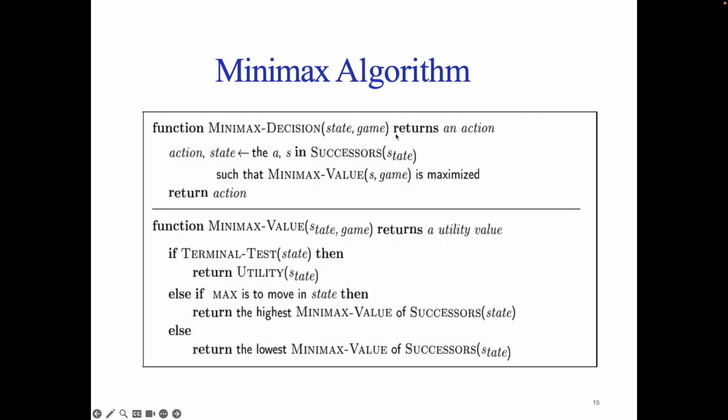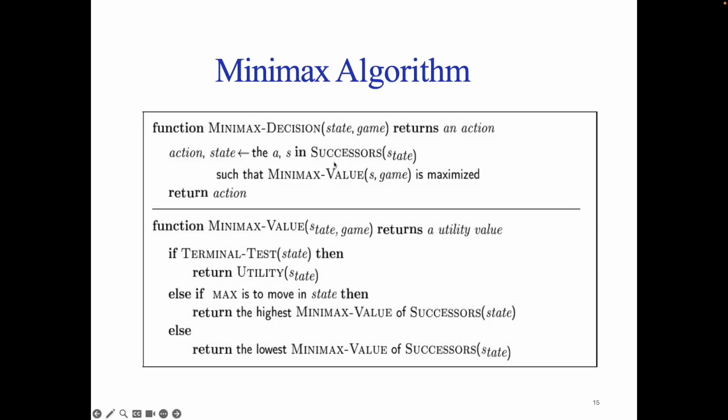So this is just the algorithm for a minimax. You have this minimax decision function, which is returning an action. In your successors, you have possible moves from the state that you are starting. Based on the moves or actions that you have, the next player decides what to do.